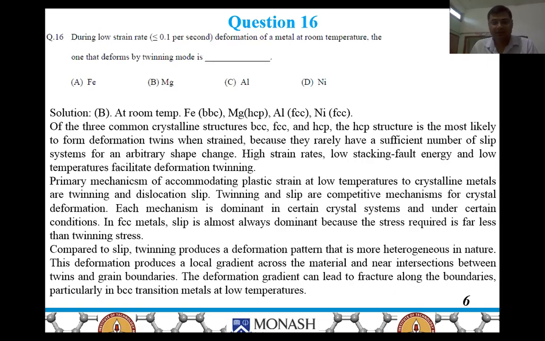The deformation gradient can lead to fracture along the boundaries, particularly in BCC transition metals at low temperature. So the correct answer here is Mg, because Mg has HCP structure and HCP structure favors twinning.